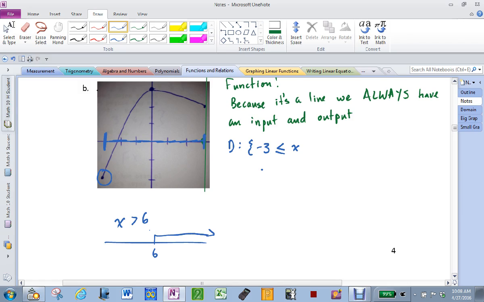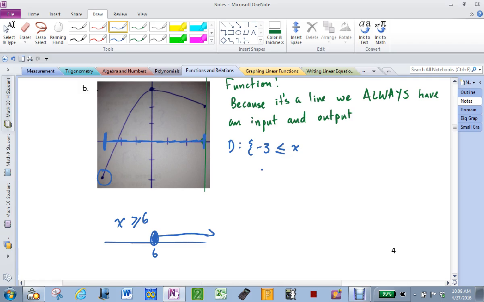You circle it, and then what? You don't color it when it's like this. Now what if I do that? Then you color it. Now look at that dot. Is it a solid dot? So is negative 3 included? Yes. So that's why we write it that way.